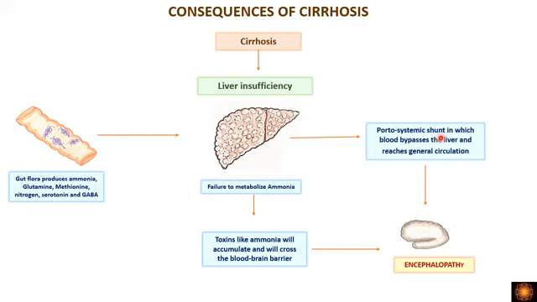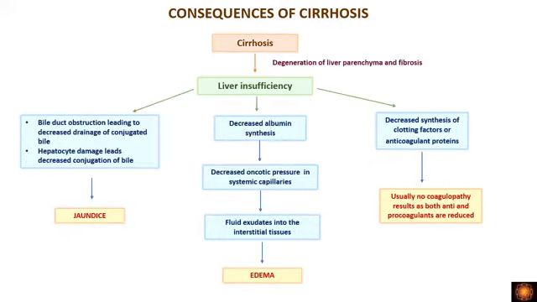In the portosystemic shunt, the blood flow bypasses the liver and directly from the portal system enters into the systemic circulation. So whatever toxins are present in the portal vein enter the systemic circulation and go directly into the brain, crossing the blood-brain barrier, and that causes the encephalopathy. So this is the cause of the encephalopathy in the cirrhotic liver.